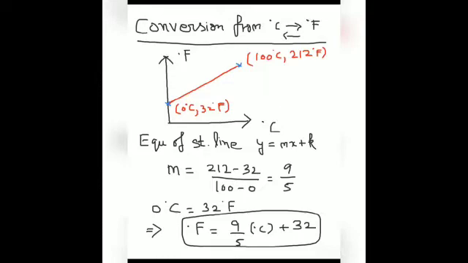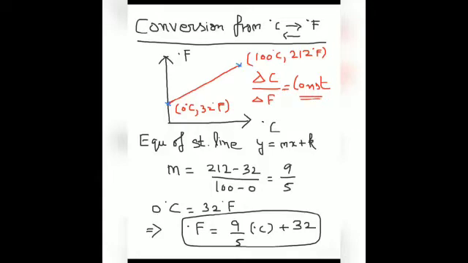Now, how to do the conversion? We know that for any change in the Celsius scale, the change in the Fahrenheit scale will be uniform. So, we can observe a linear relationship between the centigrade scale and the Fahrenheit scale.